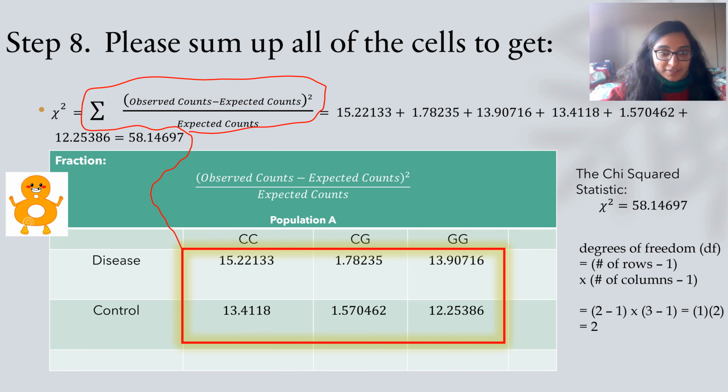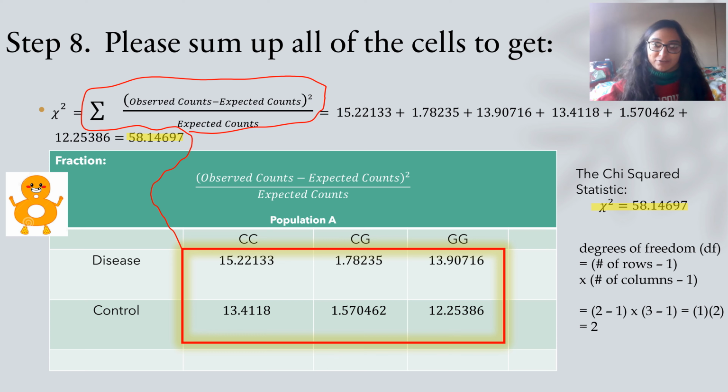So 15.22133 comes here, plus 1.78235, plus 13, plus this other 13 here, plus this 1.570462, plus this 12. We sum it all up together and we get, yay, our chi-squared value of 58.14697. So that is our chi-squared statistic.